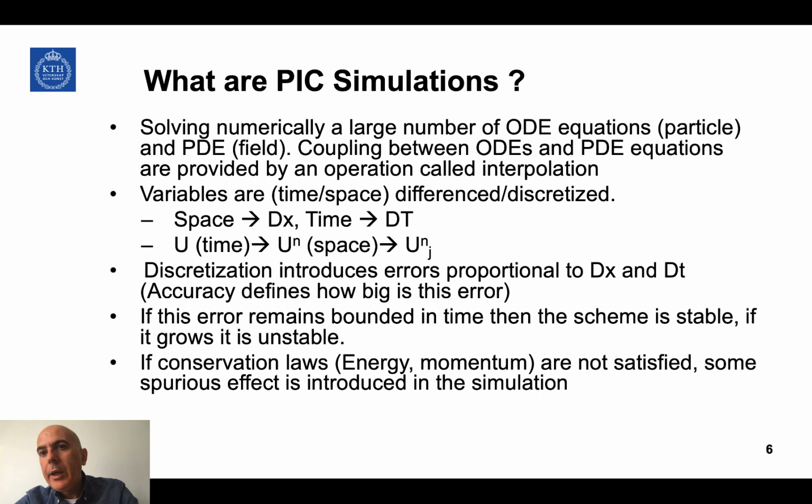So during the discretization of space, we introduce a grid spacing, a grid. For time, we introduce different time levels and a time step. So, for instance, if we have a quantity defined at time n on the grid point j, this will be u^n_j. So we will have many equations, basically one for each of these quantities.